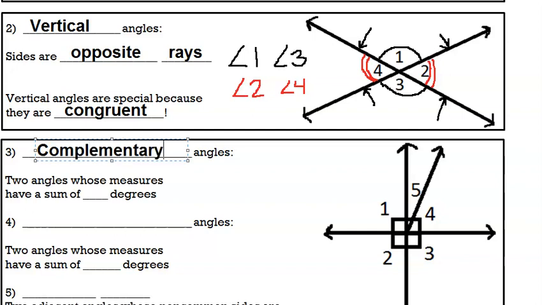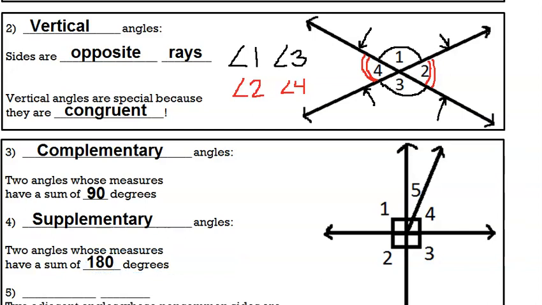All right, so next we're going to get into complementary and supplementary. Now, teachers have different ways of telling their kids how to remember telling these apart. The difference is complementary angles add up to 90 degrees. Supplementary angles add up to 180 degrees.